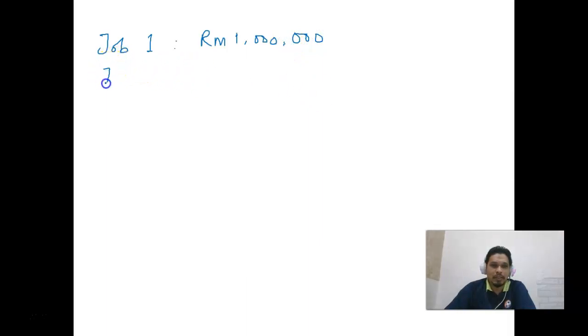Right now with job two, the summation. The first day they give you 2 cents, and the second day is 4 cents. 4 cents is 2 squared, and then 2 cubed, 8 cents, and so on until it is 2 to the power of n.